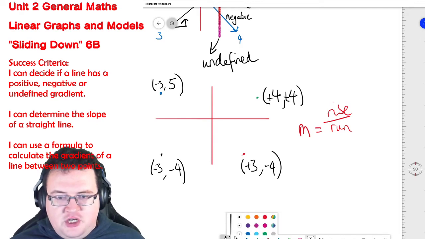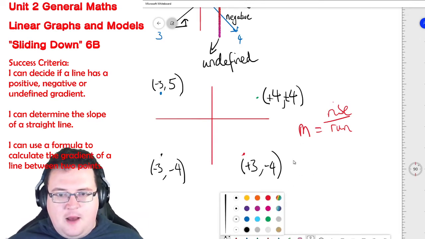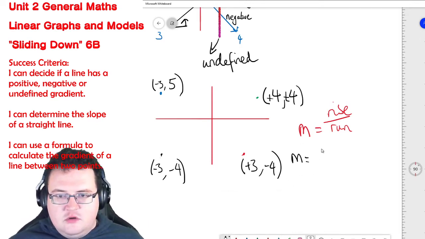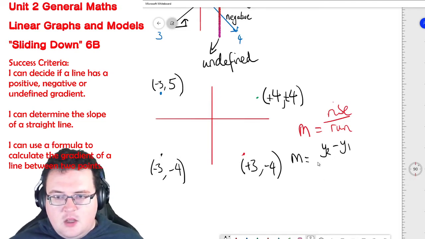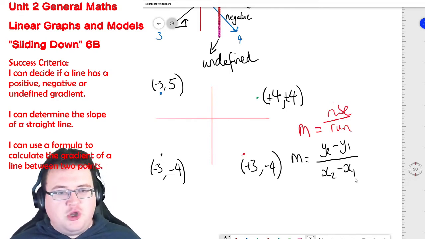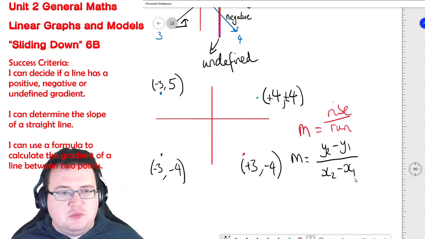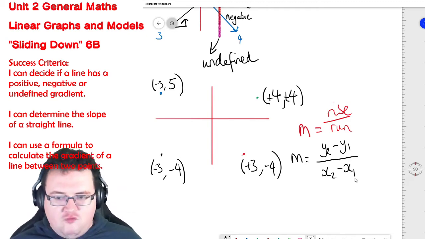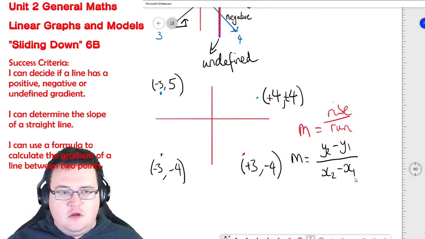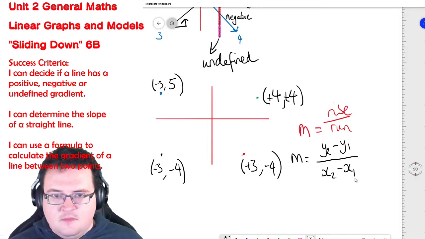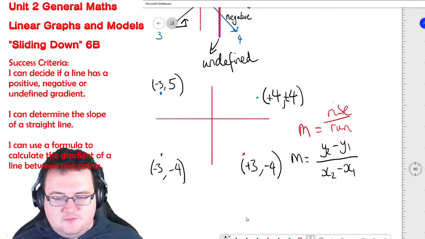So what we want it to become is m equals y2 minus y1 divided by x2 minus x1. So we want you to measure the change between the point on the right and the point on the left, both up and across.